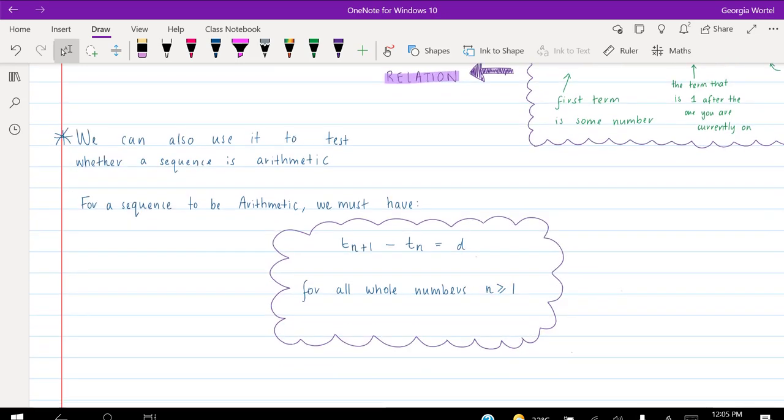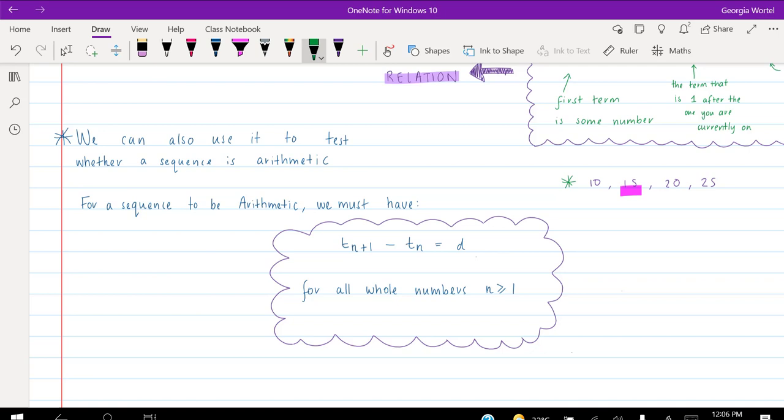So Tn plus 1, keeping in mind that means one more than the one you're currently on, minus the one you're currently on, should give you the common difference of D. And that makes sense. In the example that we had above, 10, 15, 20, 25, let's just say the current term that you're sitting on is 15, and you want to test whether this sequence that we've got in front of us is arithmetic. We know it is because we just went through it, but say if we didn't know, we want to test if it's arithmetic.